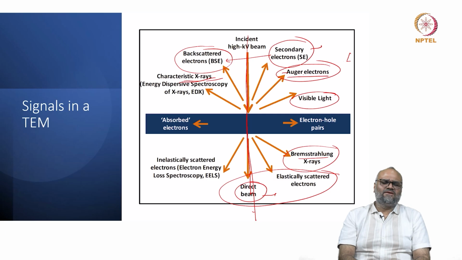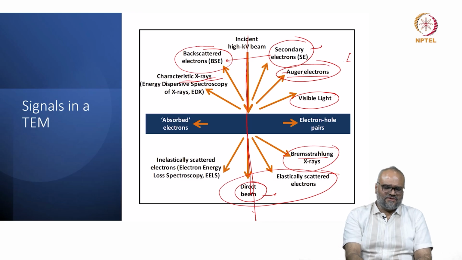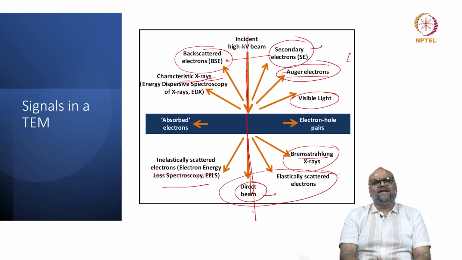When a 200 or a 300 kV electron is hitting a specimen, there is always some scattering and some interaction, and the signals you generate are a consequence of this. You also have the inelastically scattered electrons, and these are used for an analytical technique called electron energy loss spectroscopy.